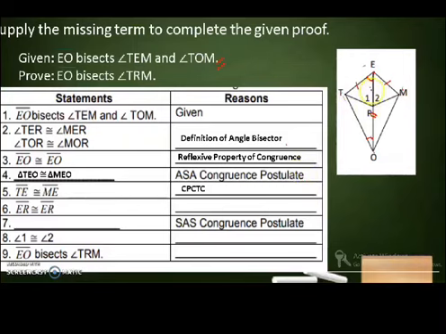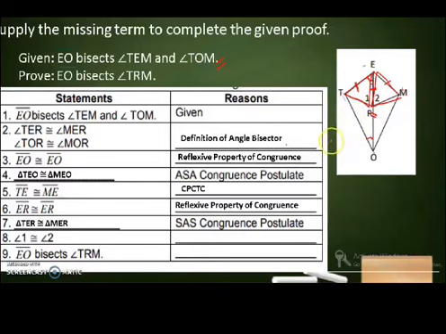And then we have formed another side. We have ER is congruent to ER, used by both triangles. So we have now the reflexive property of congruence. Next we have triangle TER is congruent to triangle MER by SAS congruence postulate, because of the side, the angle TER, and another side TR.